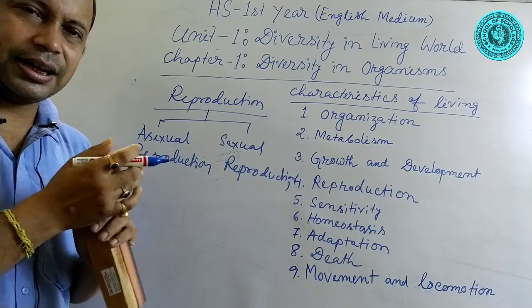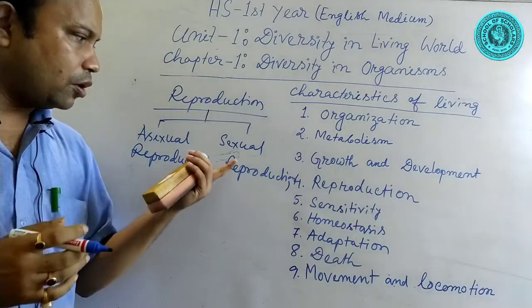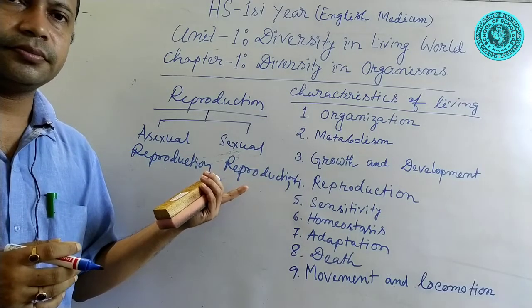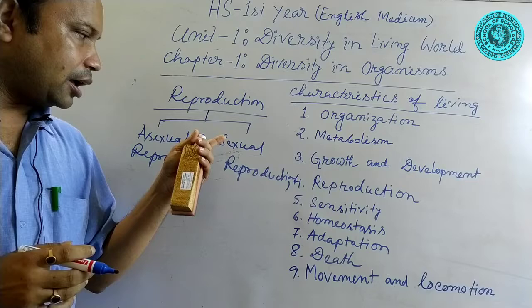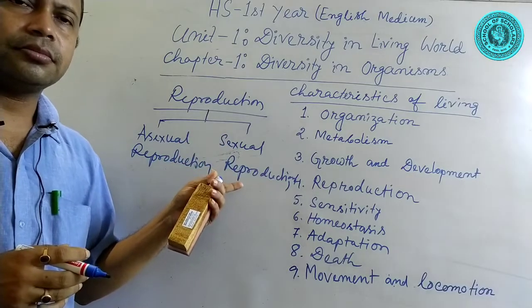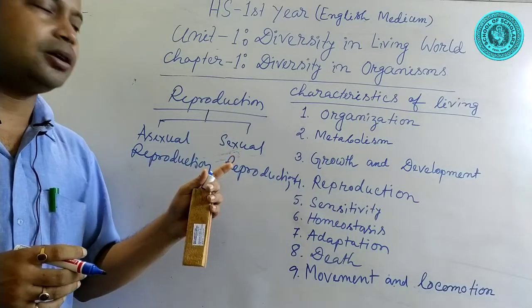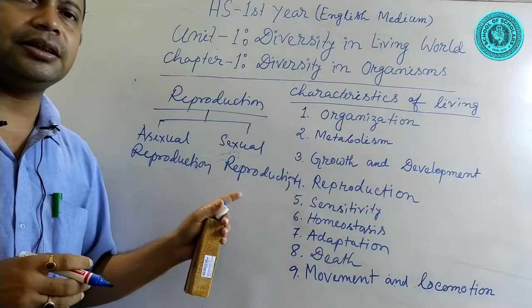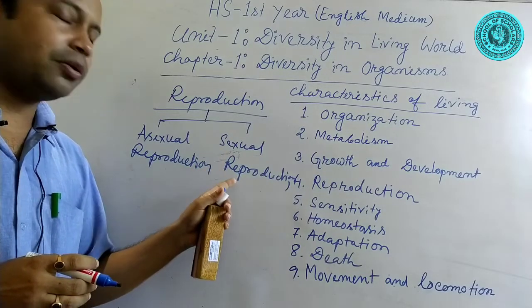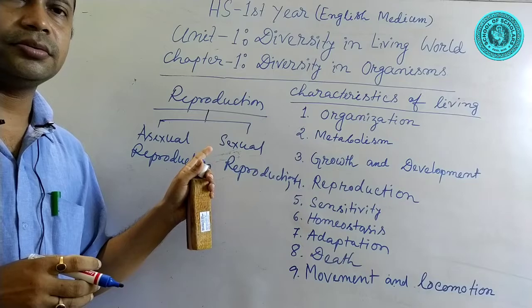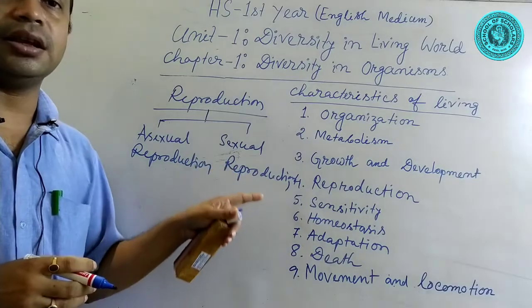Both these gametes are aggregated to form the individual. And in this reproduction, the newborn individuals are genetically different from their parents, which we call variation.